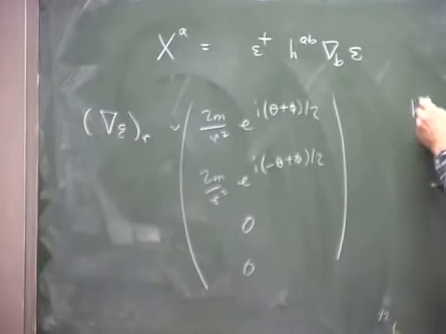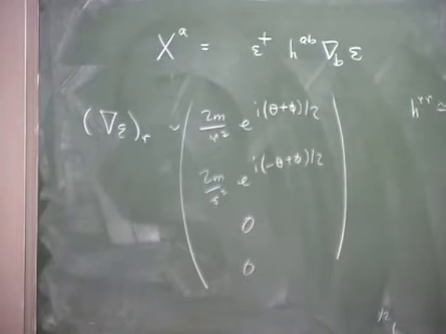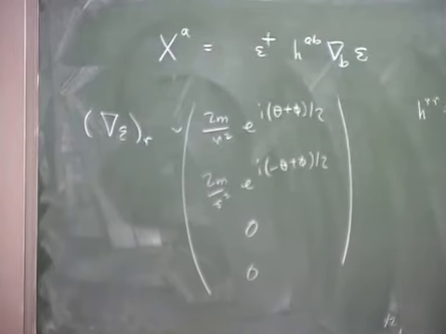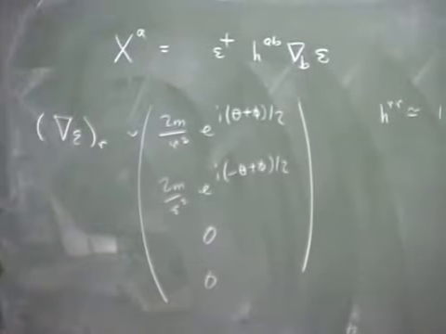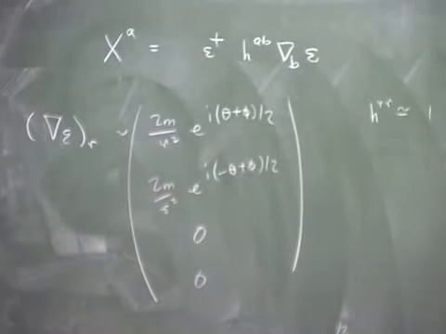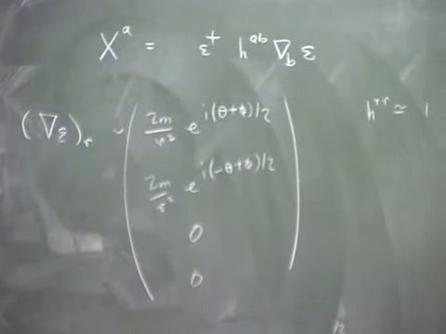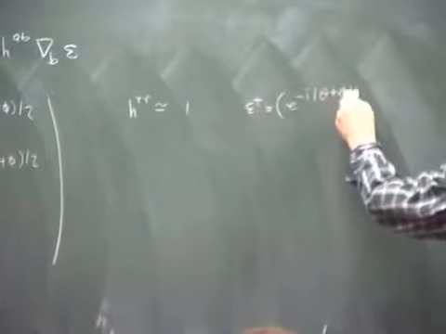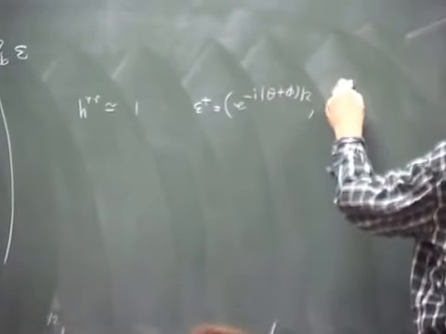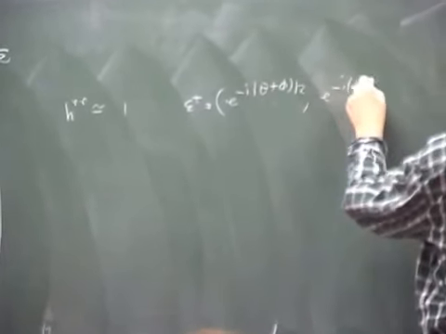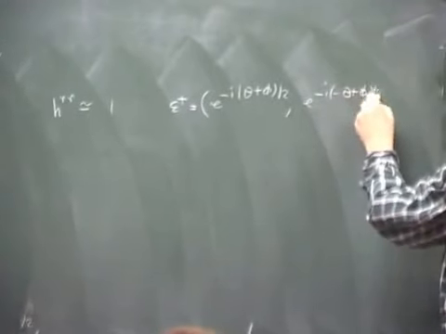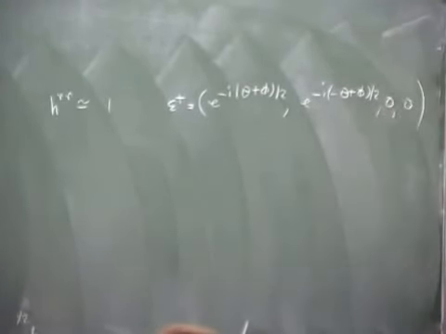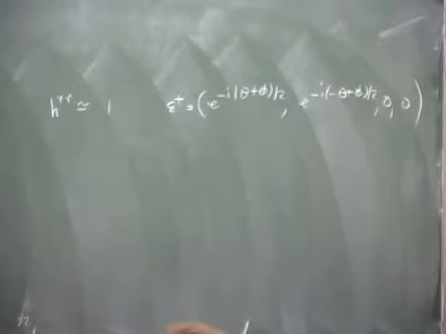Out near infinity, HRR looks something like 1. Epsilon dagger is equal to, ignoring the sub-leading terms, e to the minus I theta plus phi over 2, e to the minus I minus theta plus phi over 2, 0, 0, plus higher order stuff in both cases.